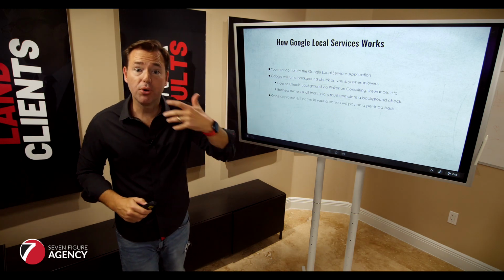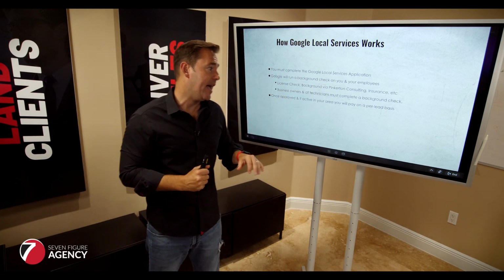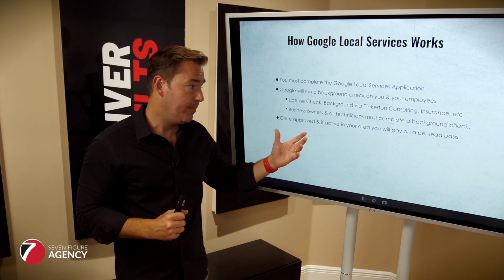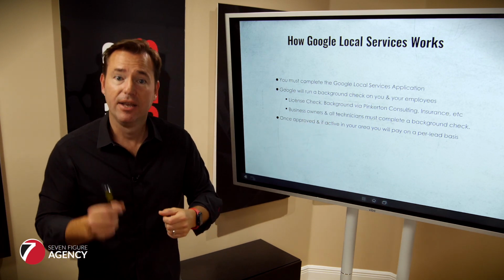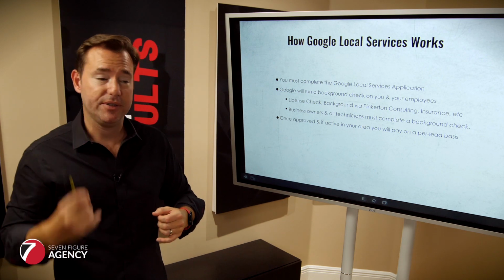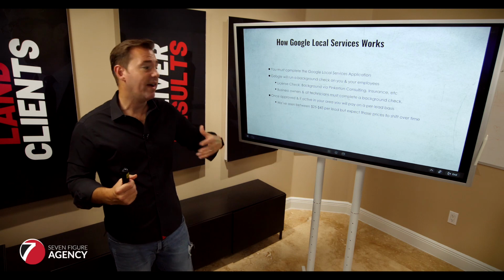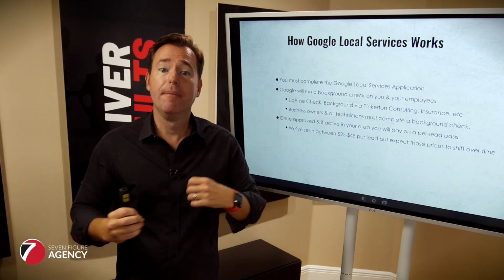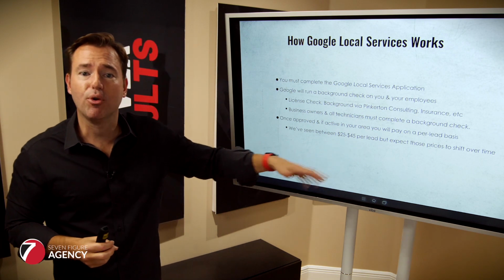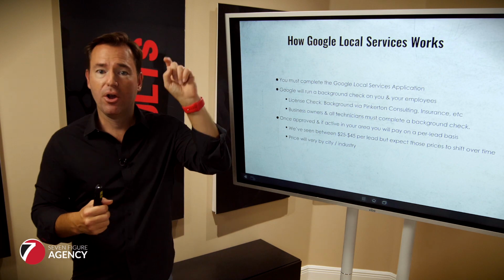Now, once approved, and once the client has a green light to play in Google Local Service Ads, you're going to have to basically pay on a per lead basis for the leads that people dial in local service ads. And what we're seeing in plumbing is somewhere between $25 and $45 per lead. Different for legal, different for healthcare, but the fact is it's going to be a manageable cost per lead that we see is typically less than what you're paying on Google Ads, right?